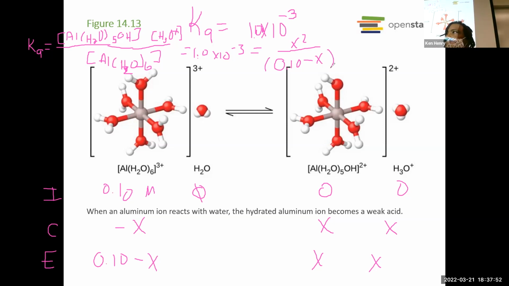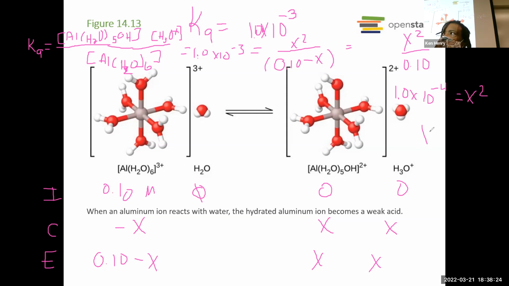So if we assume the 5% rule, we are going to ignore this. So then we're just going to go x squared over 0.10. So then we get 1.0 times 10 to the minus 4 equals x squared.